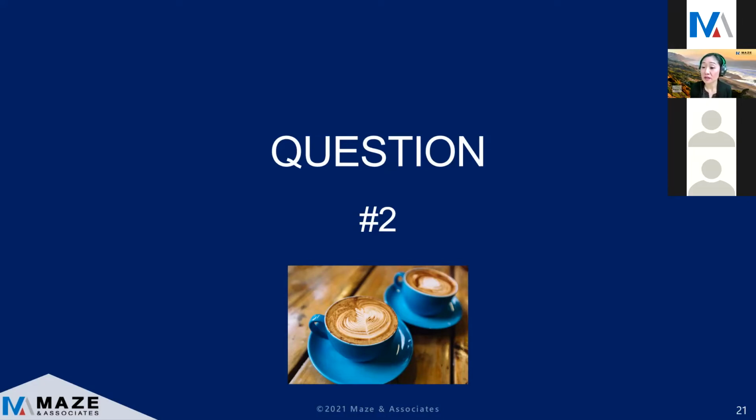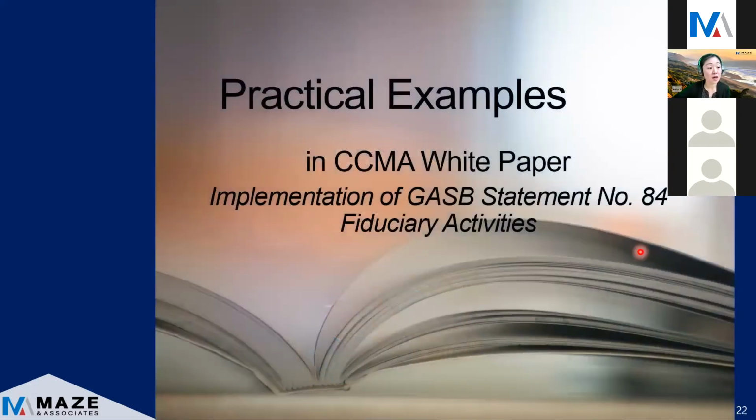And then we still have a lot of friends here that have investment trust funds and private purpose trust funds. Okay, all right, so that's perfect. So we're going to go into some practical examples here. I'm taking these examples from the CCMA white paper.